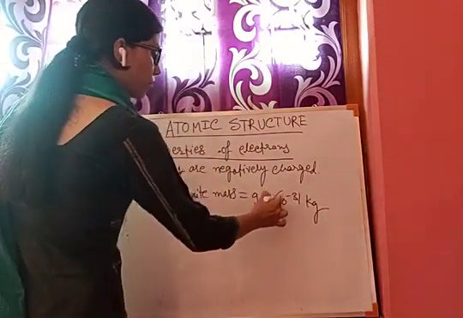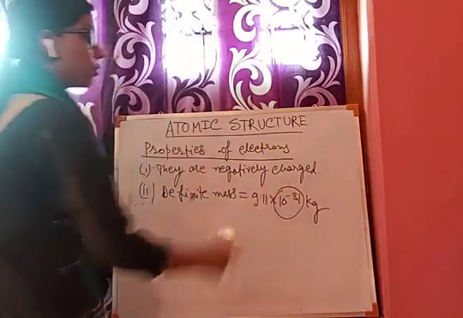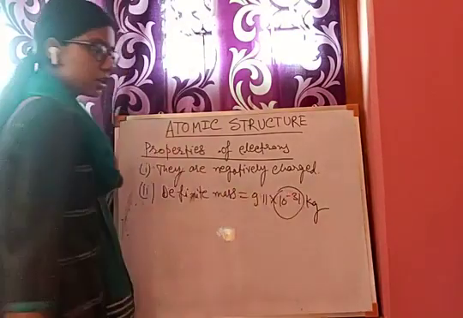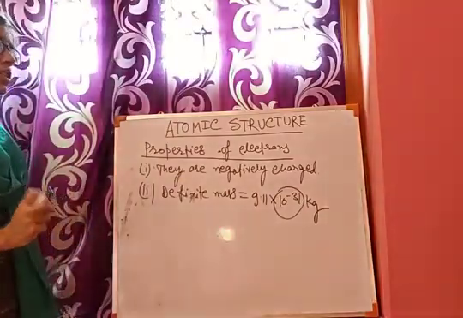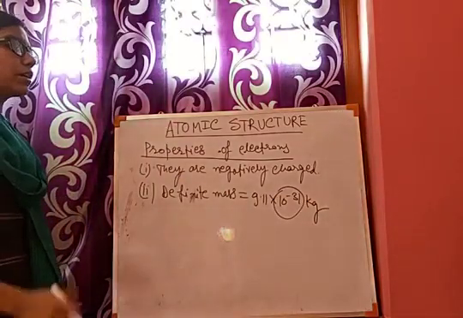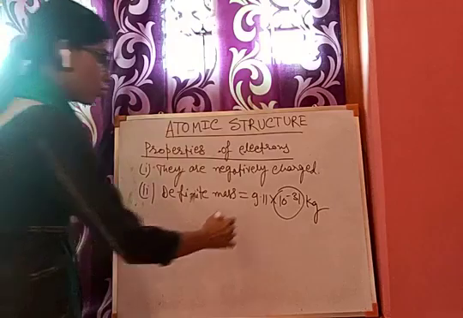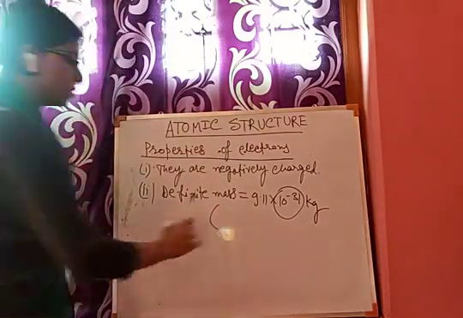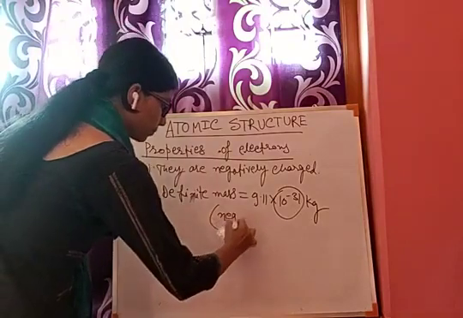See this 10 to the power minus 31 portion, this is very small. Okay, 9.11 into 10 to the power minus 31 means this mass value is very small and we can take it as negligible. So it is considered that the mass of electrons is negligible.